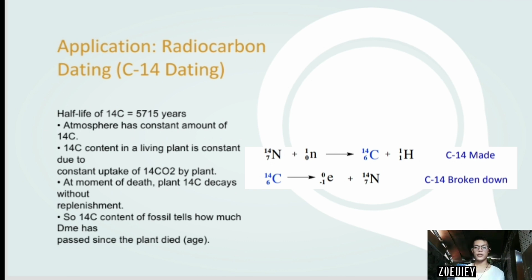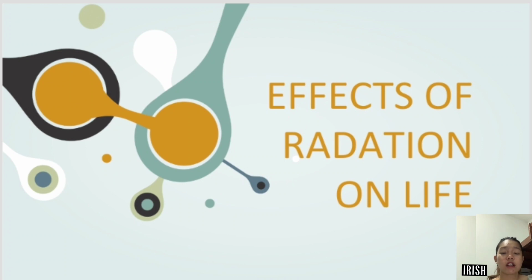Now, to get the accurate answers, you just have to subtract the nucleons over the protons of each element, then add. So, the half-life of carbon-14 equals 5,715 years.